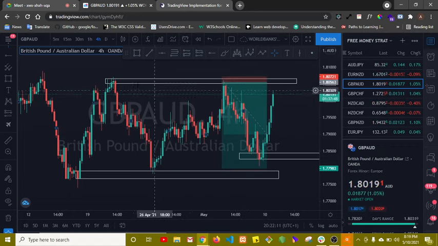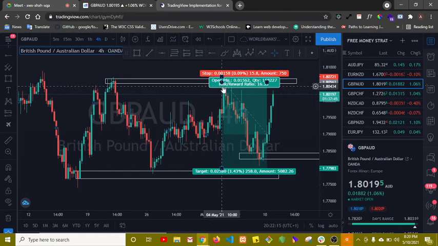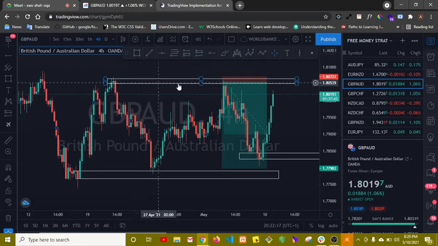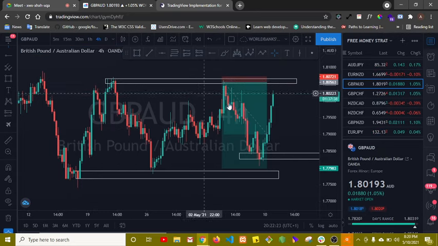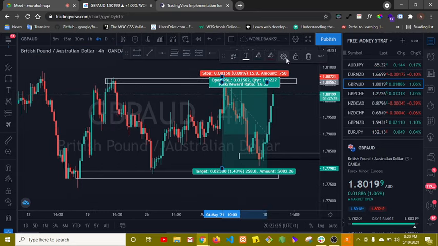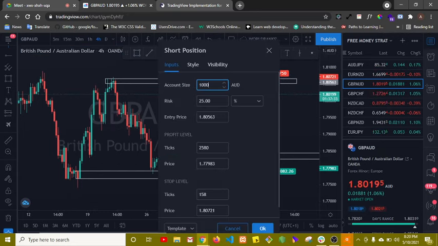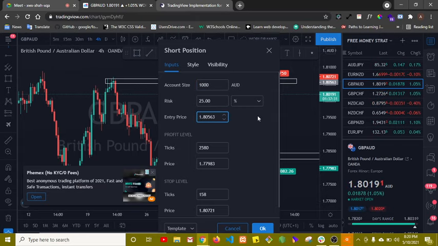All right, so this is the mitigation of the order block. I'll set my pending order right on the opening of the candle that caused the order block, which is the green candle. That is the order block. Then I'll just round my number up again. This is 1.80563.